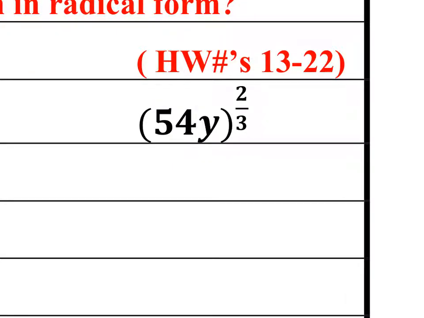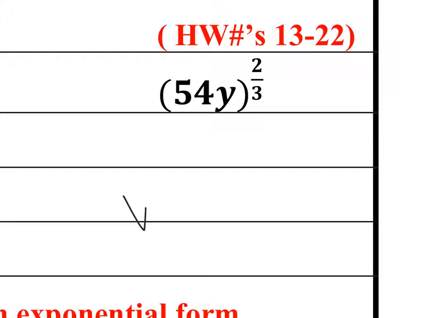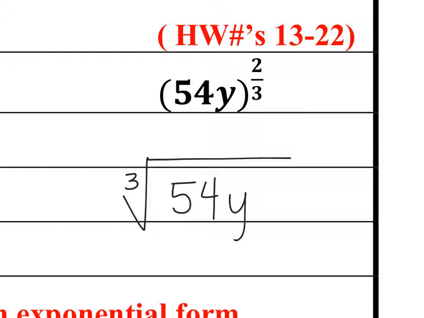Now, you could do power to a power here. It's really not necessary because all of this is being raised to the 2/3. So I would just do it all at once. So what root are we going to use? 2nd, 3rd, 4th, 5th? 3rd. Or the cube root, we should say, probably. The cube root of what? 54y.